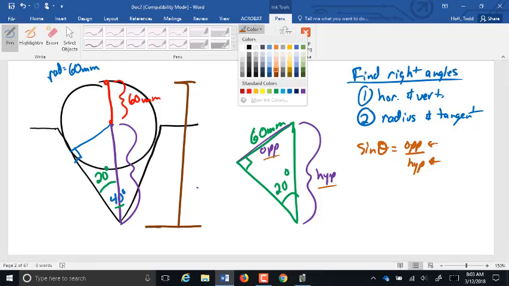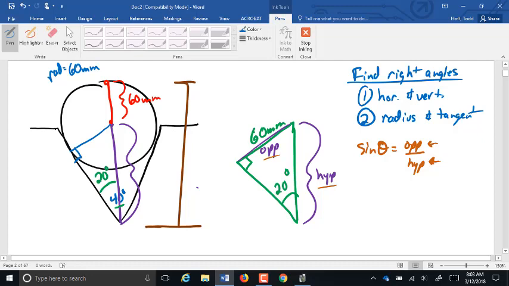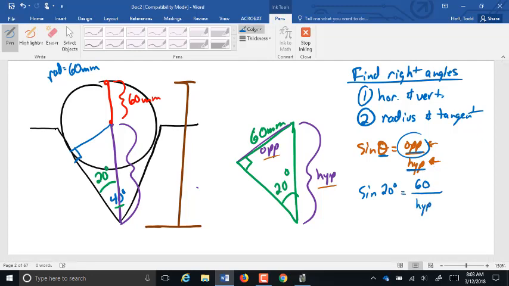The second thing that does for me is now it gives me something to put my numbers into. I've just got the formula there, I'm just plugging them in. So sine, do I know the angle, theta? That's the 20 degrees. Do I know the opposite side? That's my 60 millimeters. Do I know my hypotenuse? No, that's what I'm looking for.